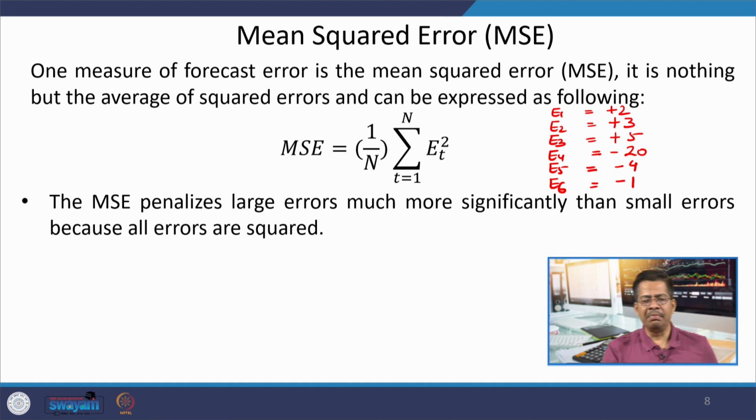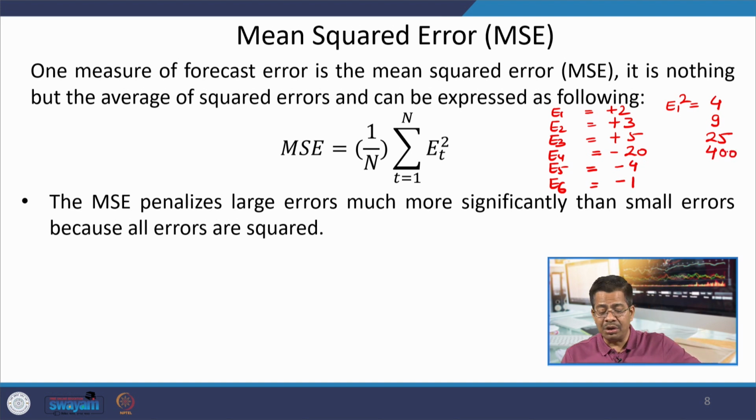So, mean squared error is helping in two ways. One, because of square terms, the effect of sign, whether it is positive or negative, is neutralized. So, E1 square 4, then 9, then 25, and then all of a sudden you see a kind of outlier 400 comes, then 16 and then 1.